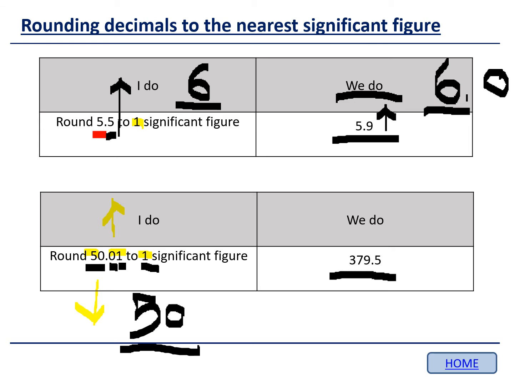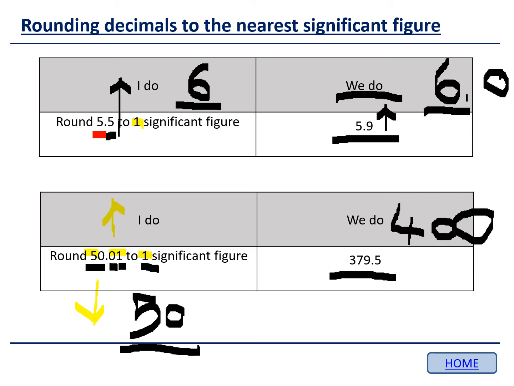Okay, now it's your turn. So we've got 379.5. And remember, it's to one significant figure. What do you think the answer will be? So if you put 400, well done.